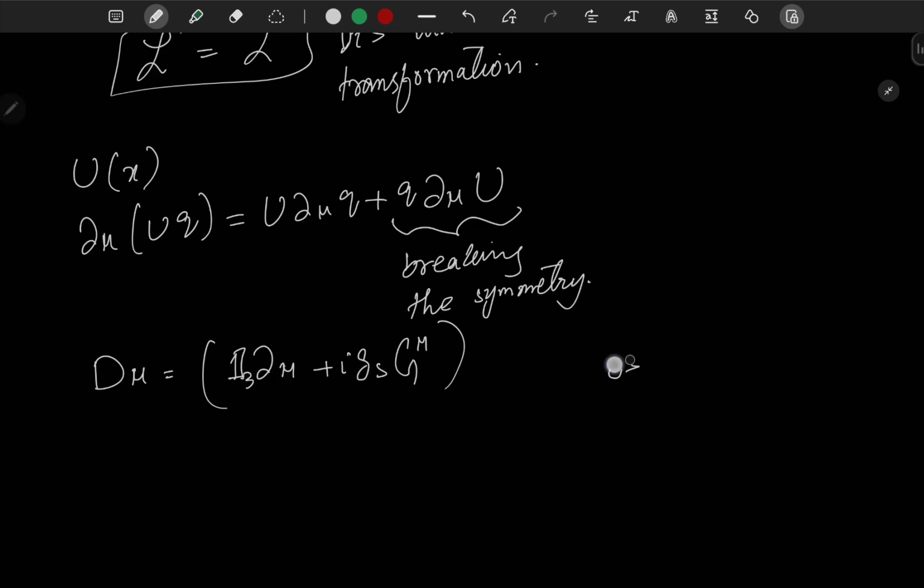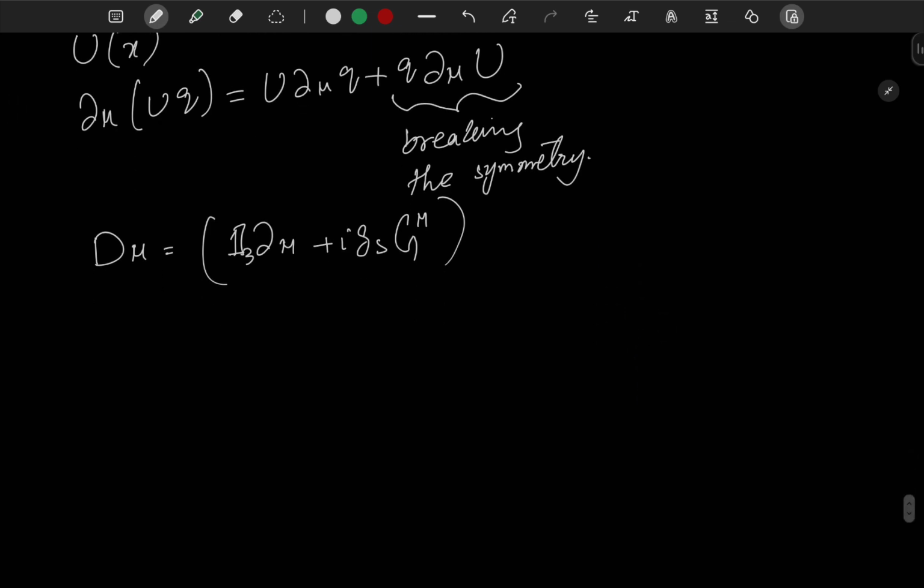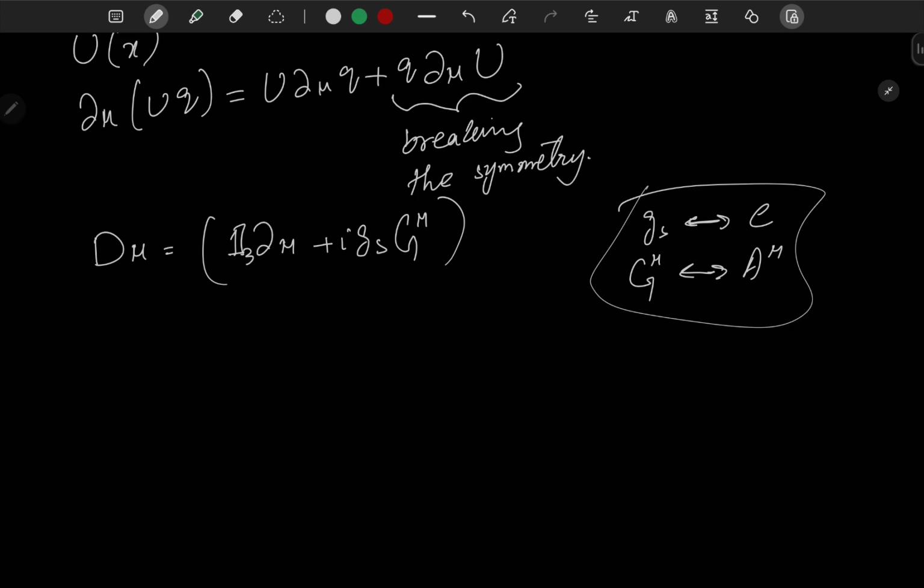But let's not go there, because we are going to build the Lagrangian and see its mathematics, because that's what I'm interested in right now. And if you want to relate things with QED, then we can relate g_s with e of QED, and we can relate G mu with A mu of QED. Yeah, now let's move on.